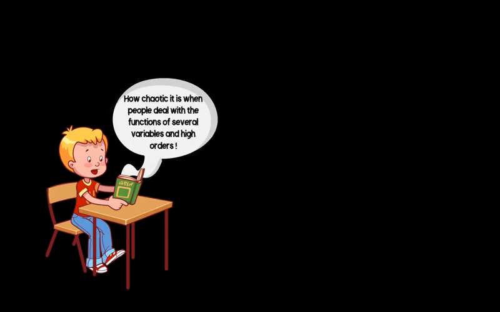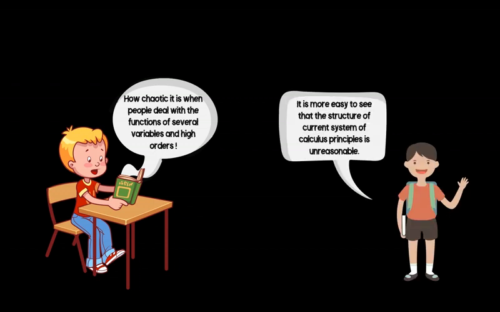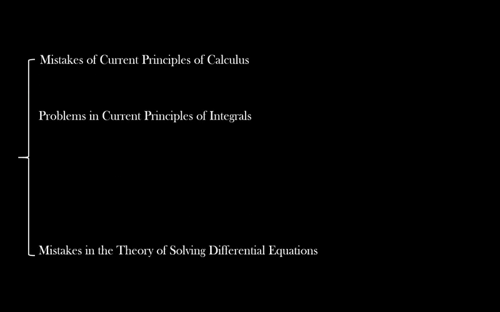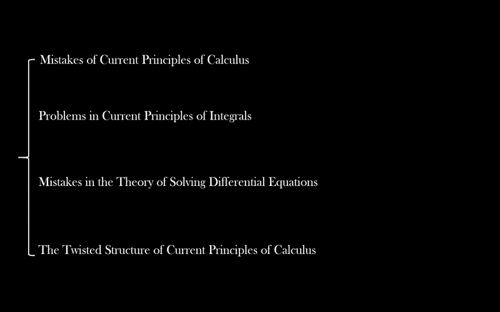How chaotic it is when people deal with the functions of several variables and high orders. It is easier to see that the structure of the current system of calculus principles is unreasonable. The current system of calculus principles, which involves mistakes listed above, has not provided a boost to the progress of calculus methods, and instead it has actually hindered the progress of calculus methods.